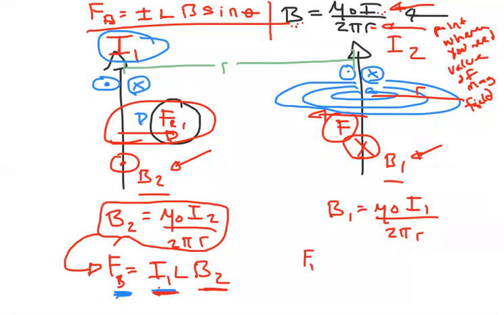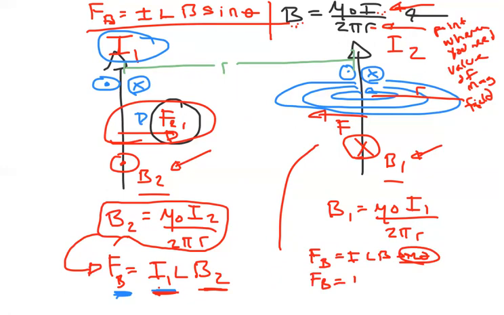Okay, great. So what would be the FB on this side now? This force right here. What would the force be that I2 would feel from the magnetic field from I1? How would I write that equation? Good. We know this goes away. I just have a bad habit of doing that.